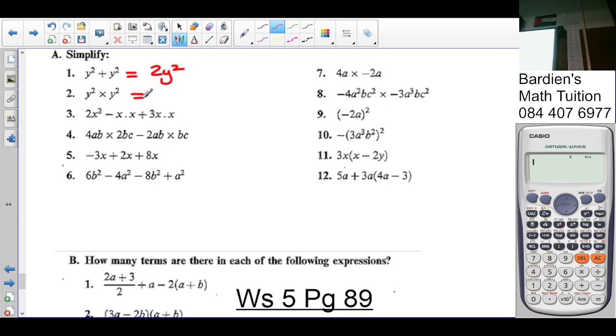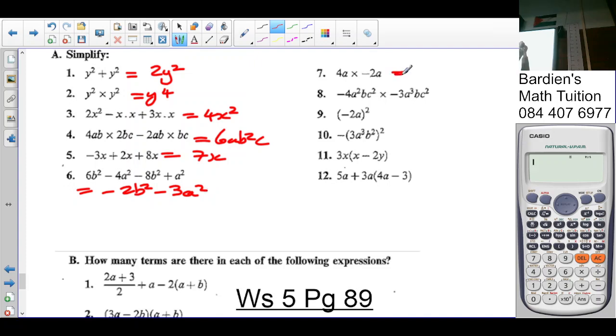Number 2, y to the exponent 4. Number 3, 4x squared. Number 4, 6a b squared c. Number 5, 7x. Number 6, -2b squared minus 3a squared.